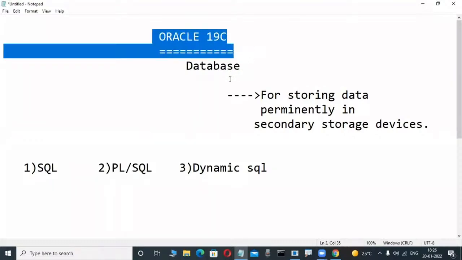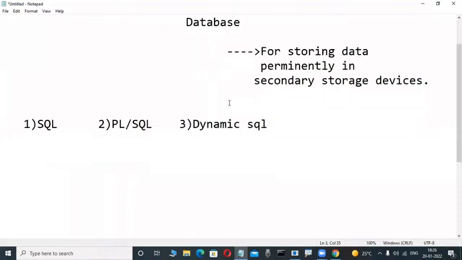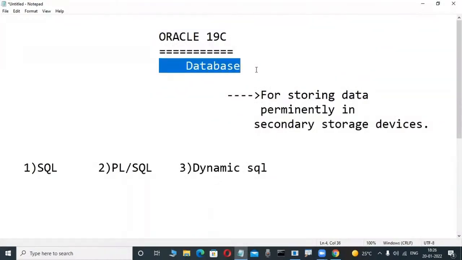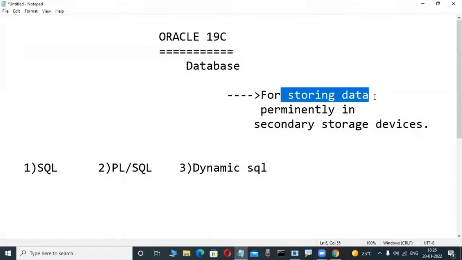Observe it here. Unfortunately, so many fellows, first-time newcomers, think database means nothing is there: some Java, .NET, or Python application front end is there, and the data we enter is stored in the back end for storing purposes only. That is absolutely wrong.